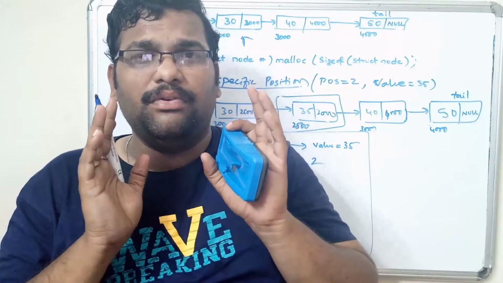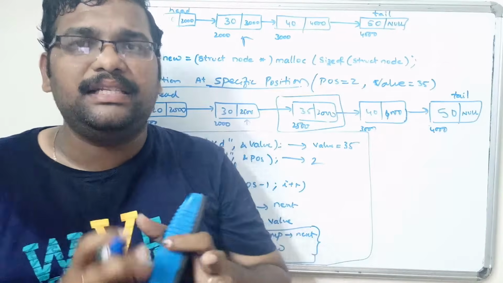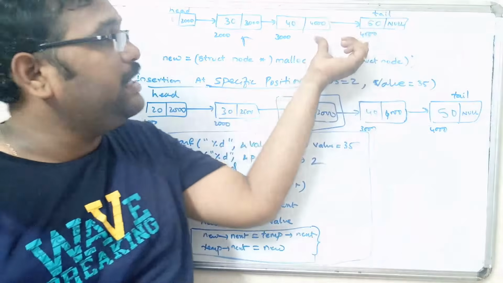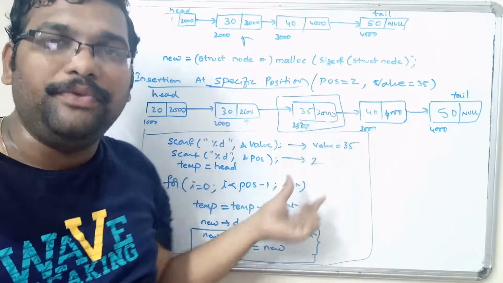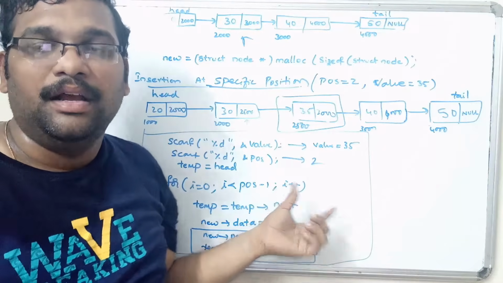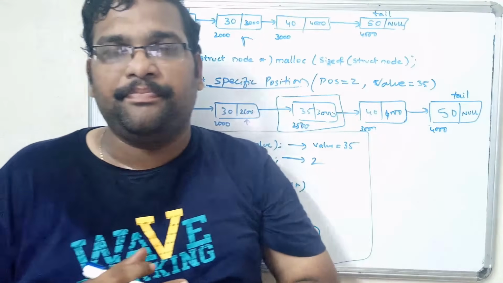So if you understand this list concept, it is very easy to write the code. So first write down the input and draw the output. Based on the output, if you write the code, then it will be very easy, right? So we know the sequence of steps, what is to be first and what is to be next, right?